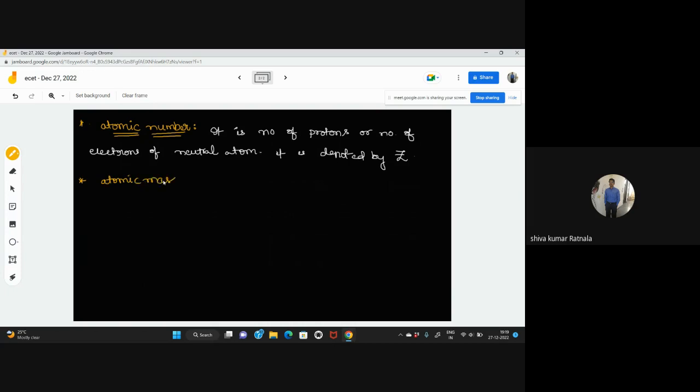And atomic mass. Generally, atomic mass is the summation of protons and neutrons.